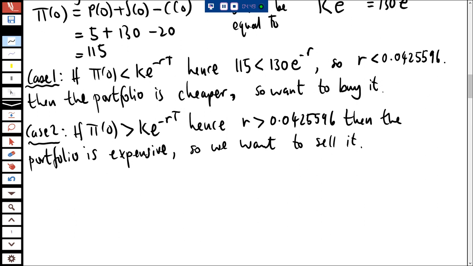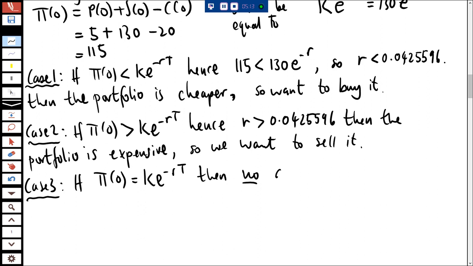Okay, so the third case, the most simple case, this is the case when equality holds. So the portfolio at time 0 is K e to the minus rT. Okay, so we can see that r is 4.25596%, just from earlier.